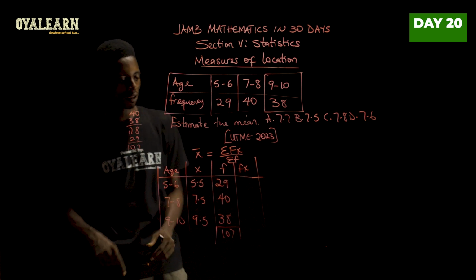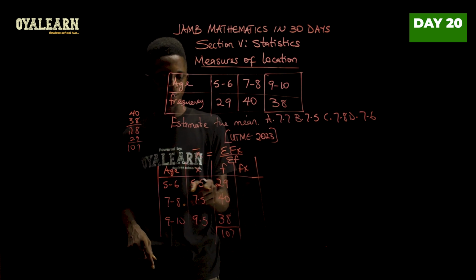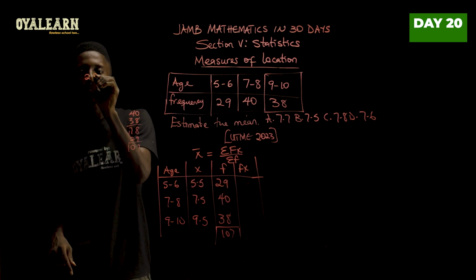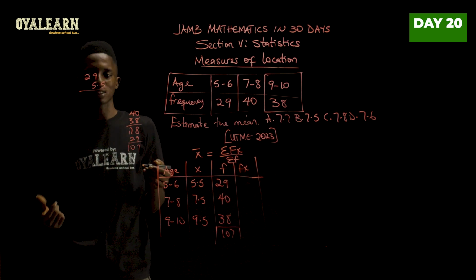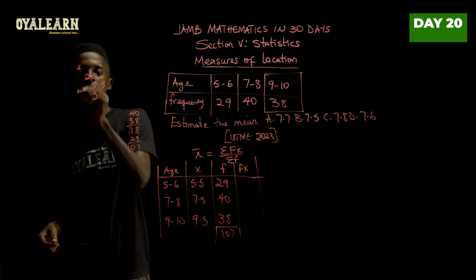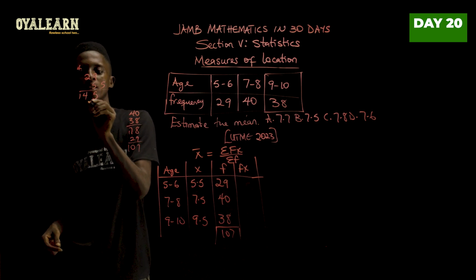Now let's find fx. For this first part, we would have 5.5 multiplied by 29. So let's do that here. 5 times 9 is 45. 5 times 2, 10, plus 4, we have 14.